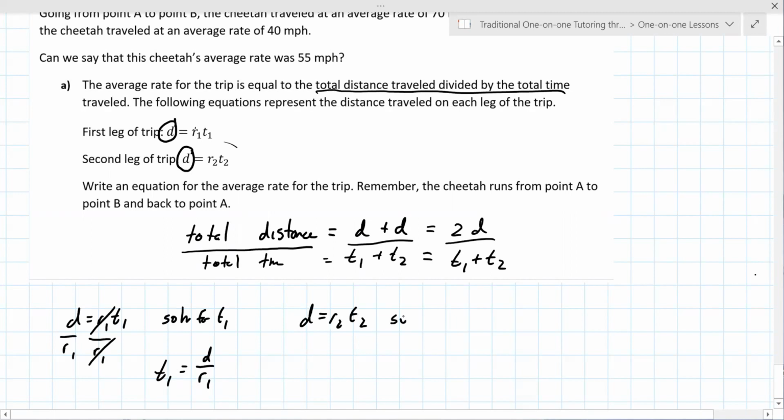And I could ask you to similarly solve for T2, which means you're going to divide both sides by R2. The R's cancel. T2 equals D over R2. Okay, yeah. So now going back to this equation right here at the top, what could we put in for T1 instead of T1?